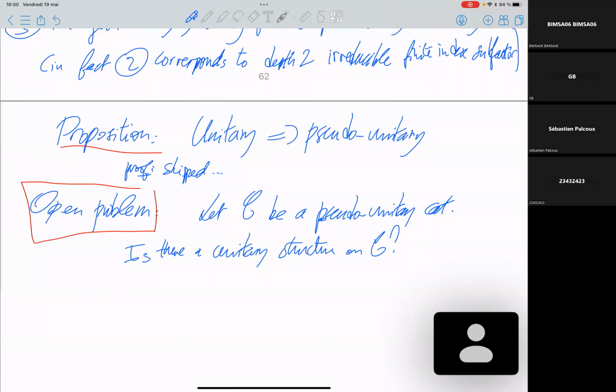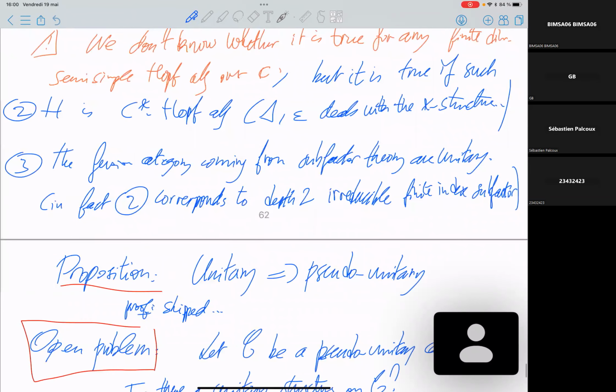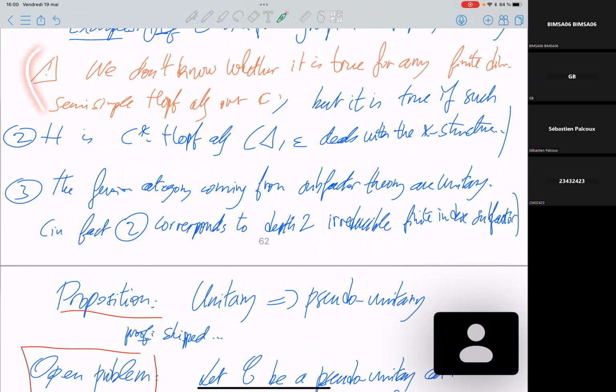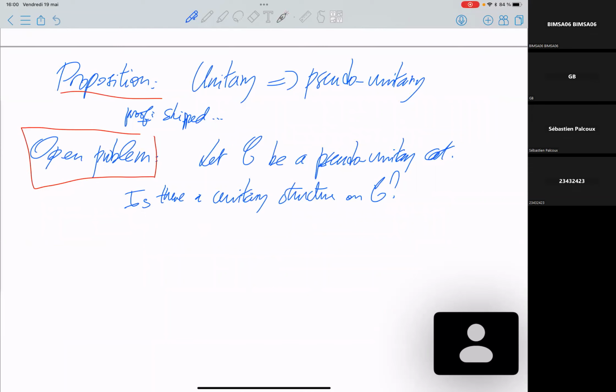Or, if you prefer, is there a pseudo-unitary category without unitary structure? If you want to state this negatively. And as I said, you can reformulate what I said here in orange as follows.